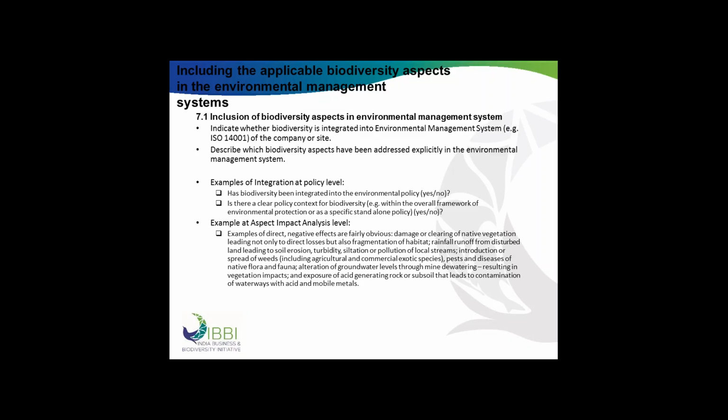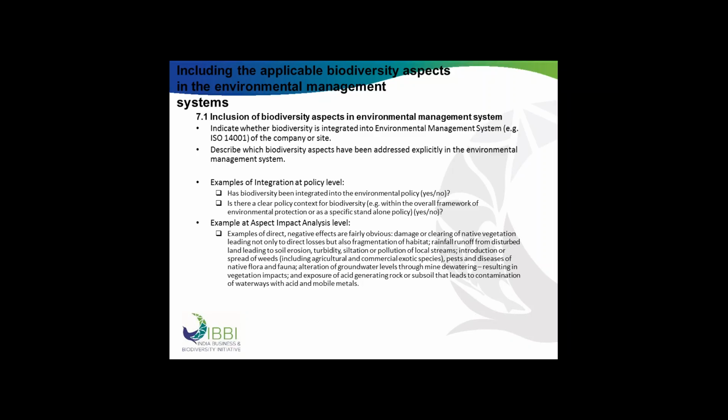Most companies use ISO as a standard for their environment management systems. So including biodiversity aspects will be a first priority, and the members need to disclose how biodiversity is integrated in the environment management system of the company at various levels.